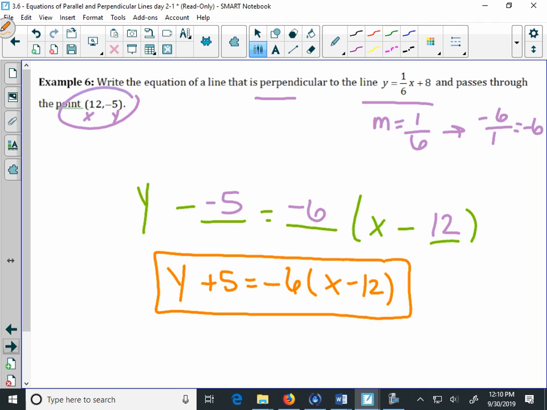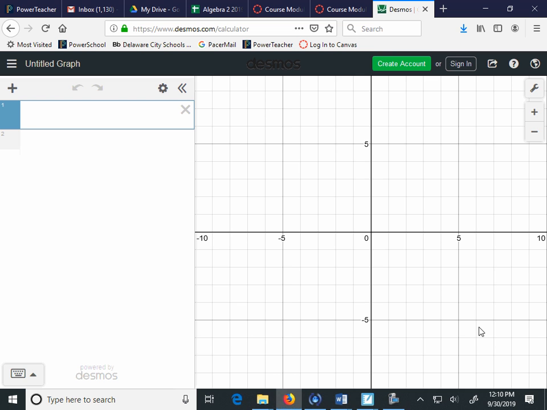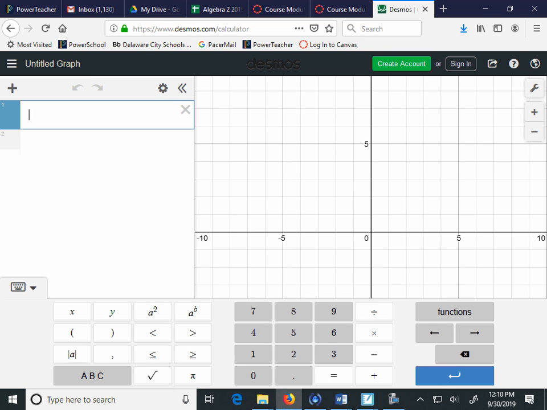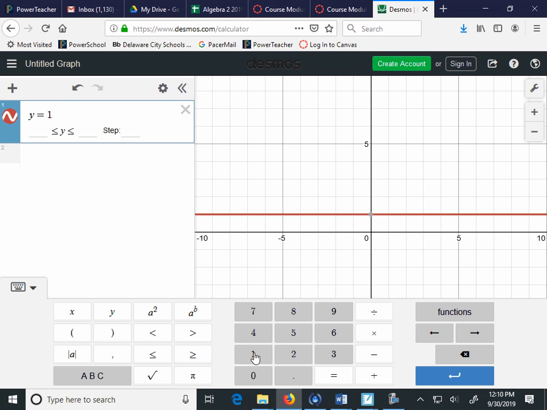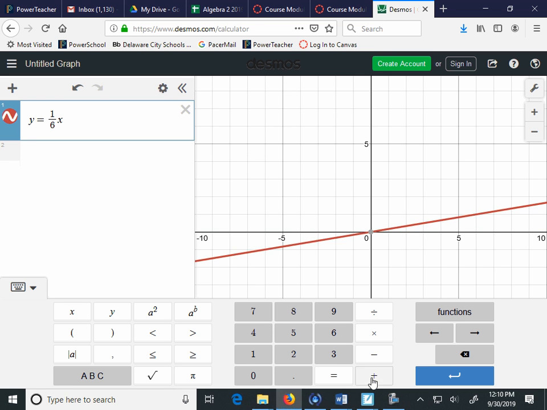How can you use Desmos to check your answers? Let's say we weren't sure if we wrote this equation right. What could we do? Yeah, plug your answer and the original equation into Desmos. The original equation was y equals one divided by 6 x plus 8.